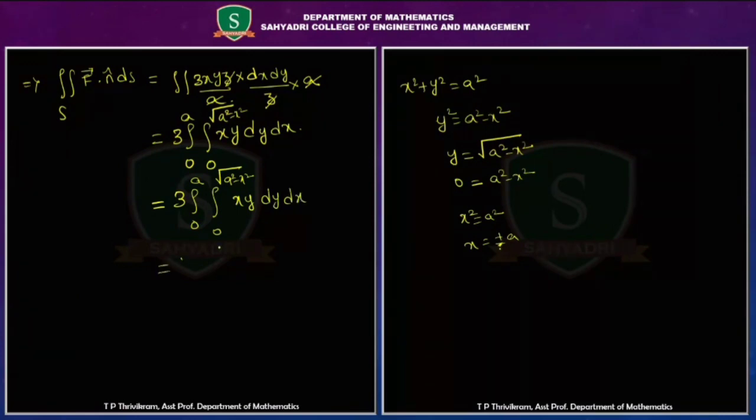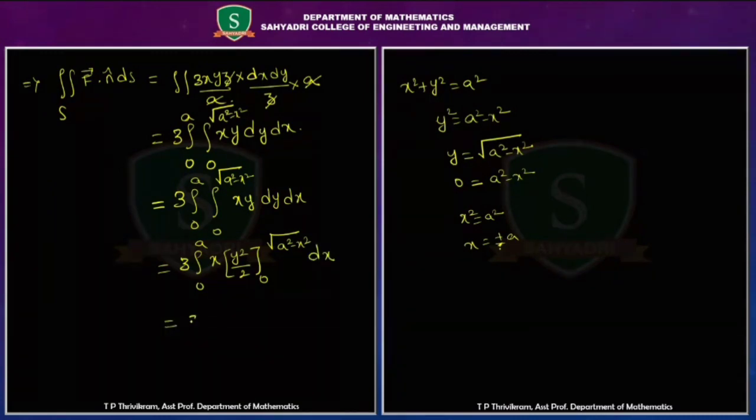Applying limits for y, we get x into y square by 2, from 0 to root a square minus x square, dx.